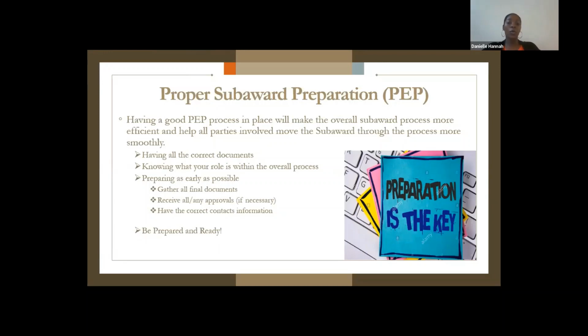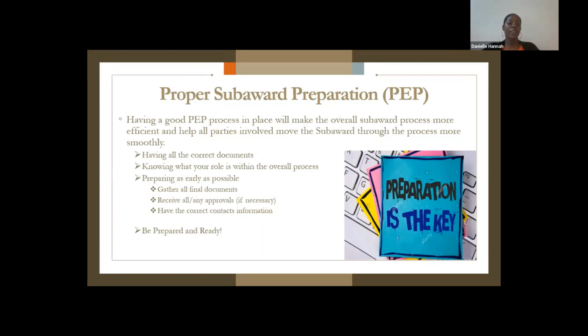We want to know what your role is within the overall process, meaning if you're at the department level, making sure you have everything you need, you're working with your PI. If you're at the sponsored research office, making sure you're doing everything that's in place depending on your institution, whatever those requirements are for you when it comes to the subawards. In our office, we have different departments, and everyone has some part within the subaward process, whether it's our award managers, our proposal managers, or the subaward team.